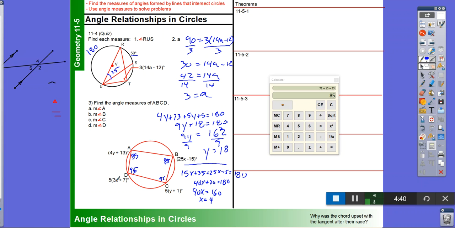All right, so we've got some more theorems. Now we have angle relationships in a circle. What we're looking at right here is our first situation, where we have a circle. Don't you just love circles? And we have a point on the circle that's creating an angle like this.